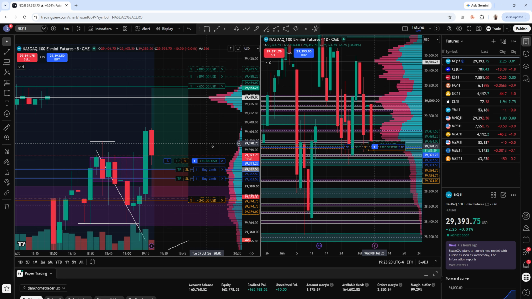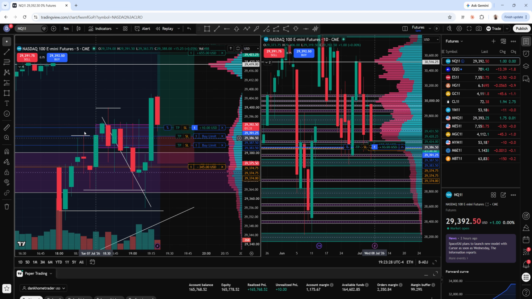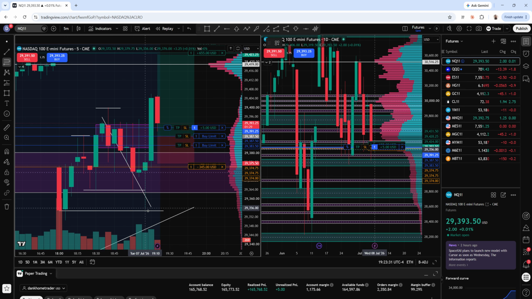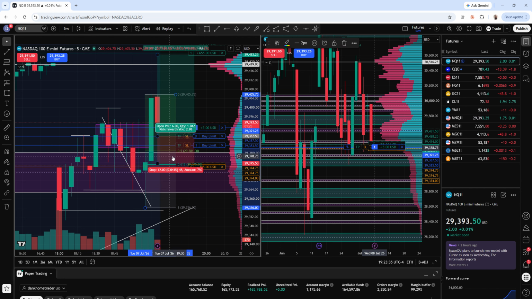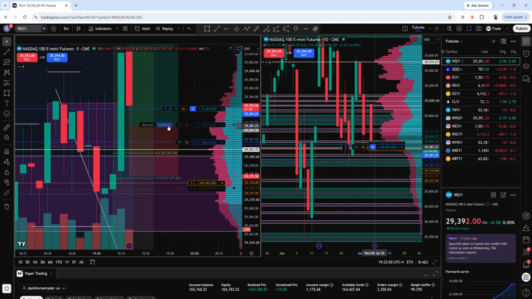Same concept, we're just looking for this to act as some support. That was a great move up, so we could see a pullback all the way down here. That's why we want to give this a little room to breathe. I don't follow fibs religiously, but same kind of concept, and it coincides with the levels that we have drawn up.